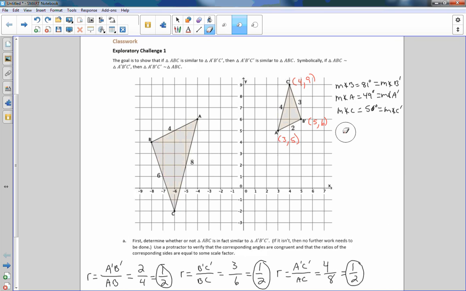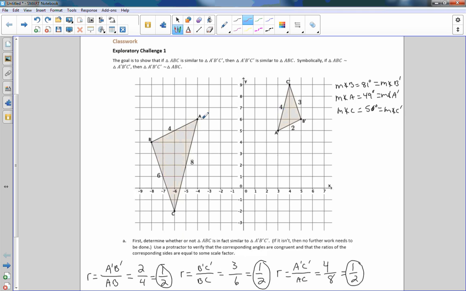In math, sometimes we have to practice or try a couple of things until we come to a realization of what would be the best procedure. So how about we dilate this down and then move it to see if this is similar to this, because order doesn't matter now. We just realized that if one is similar to this, and this is similar to this, I can go either direction. I can make this bigger and then move it here, or I can make this one smaller and move it over to here.